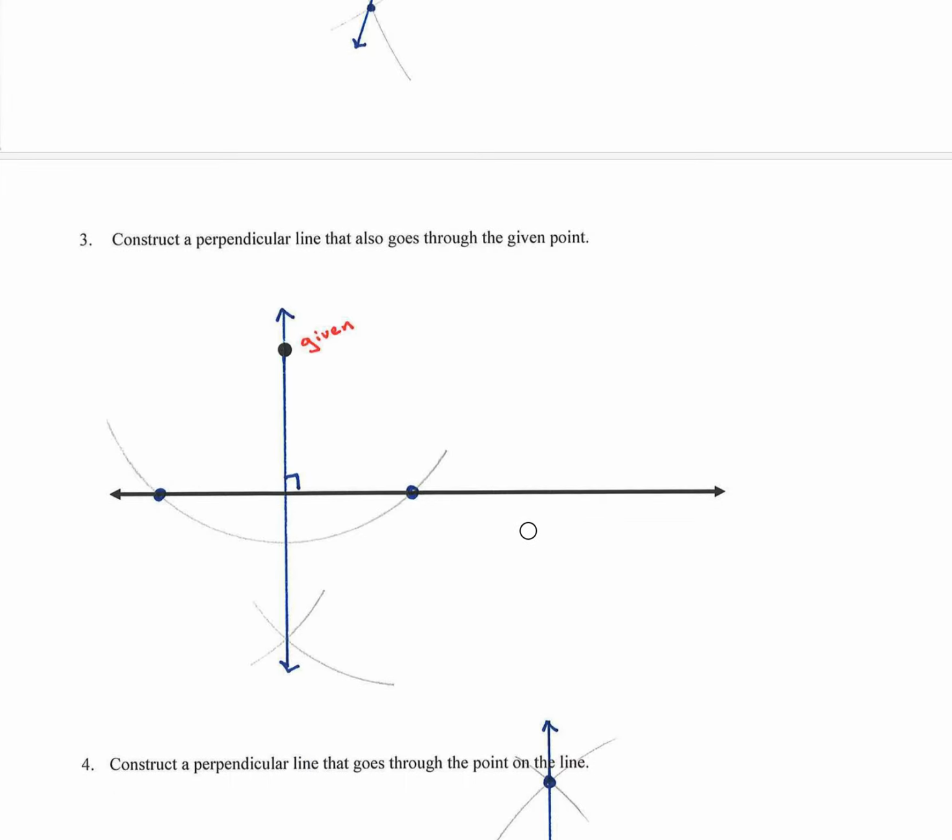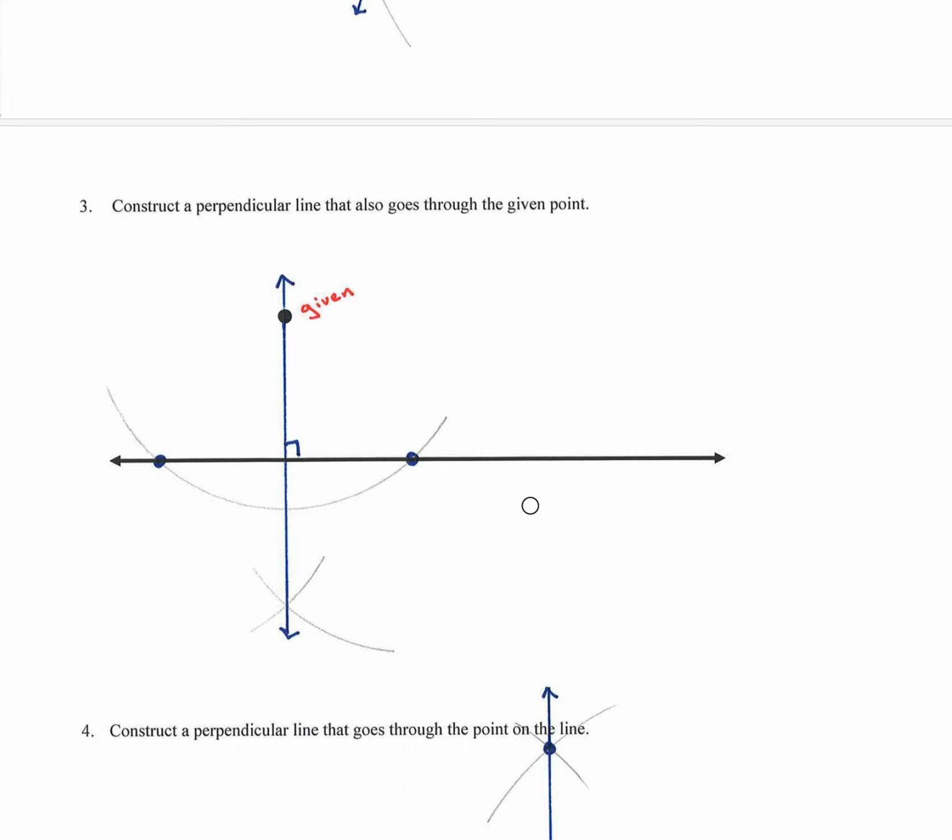All right, construct a perpendicular line that goes through the given point. Okay, this point is given, and this line is given. All we need to do is make the radius of the compass a little bit bigger than this line. So when we make our circle, we know that these two points are equidistant from that point.